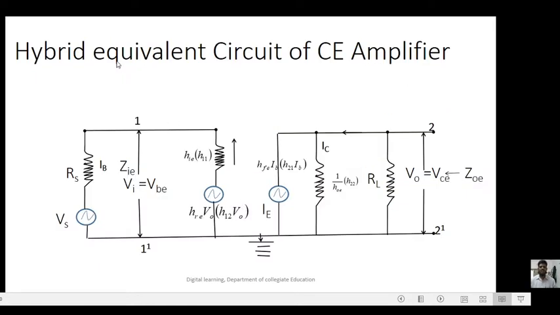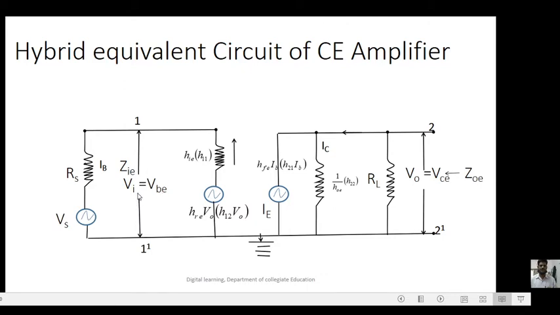So here is the hybrid equivalent circuit of a CE amplifier. Already I have explained the CE amplifier in the last class, but we are going to recall it once again. Vs is the voltage source, RS is the source resistance, IB is the input current flowing through the input port, and ZIE is the input impedance.